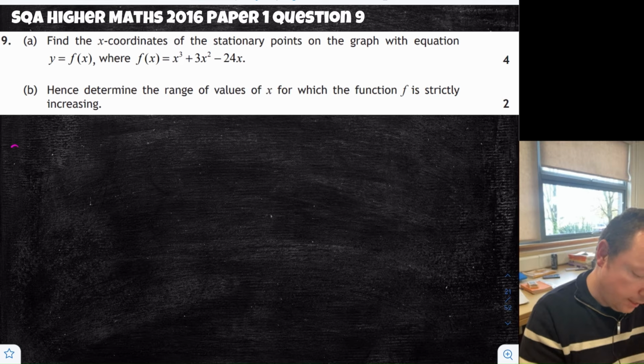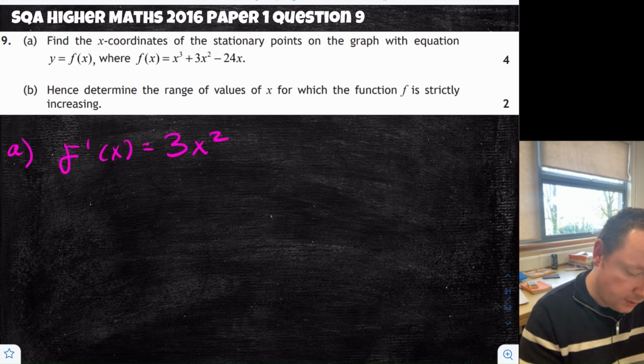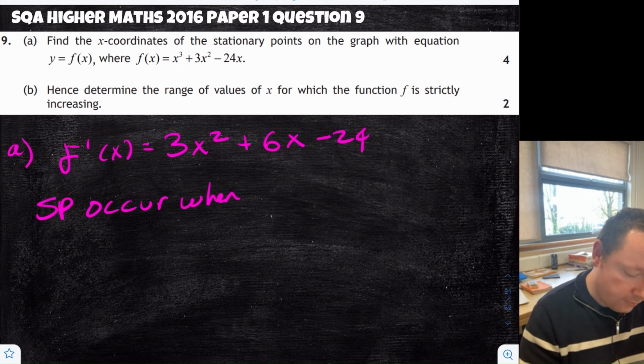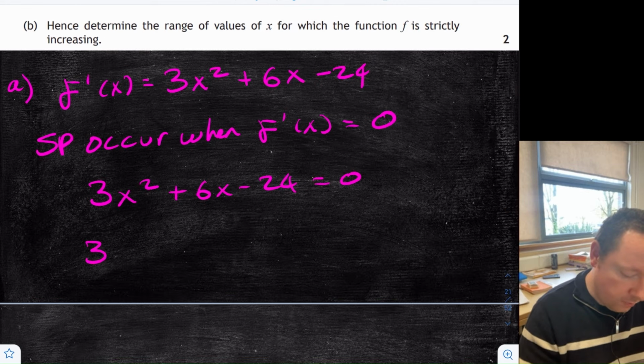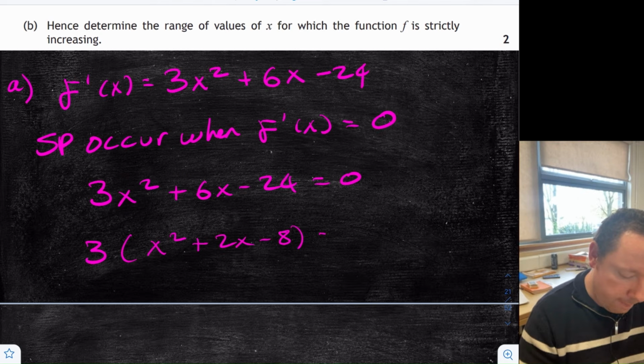Okay, so part A, f dash x, 3x squared, 2 3s is 6, so plus 6x minus 24. So stationary points occur when f dash x equals 0. I would always like that statement, and then just make it equal to 0. Taking 3 out as a common factor, we get x squared plus 2x minus 8.